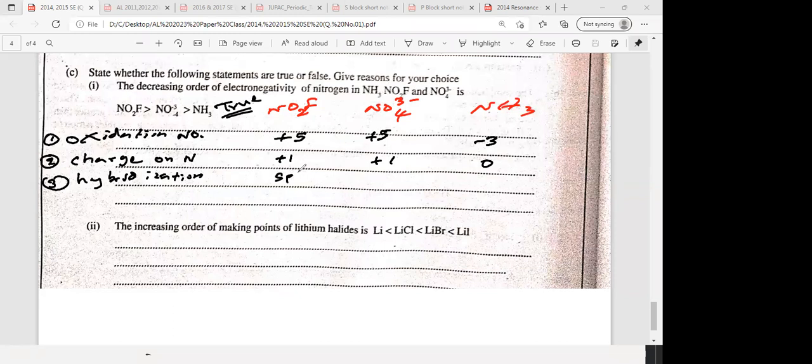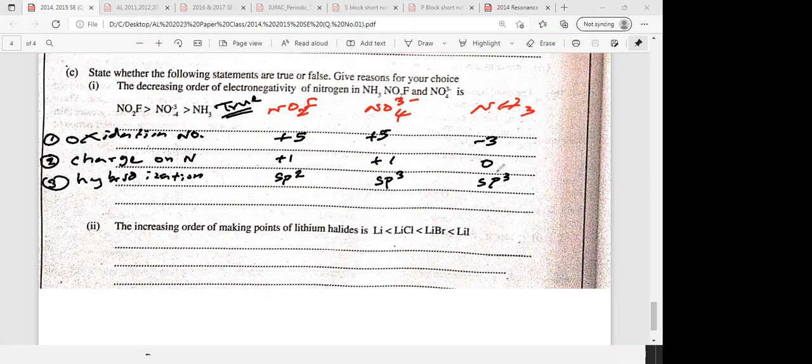You have to draw the Lewis structure to decide this. If you want, I'll draw this structure also. It's a simple molecule. This is sp2. This is sp3. Which one has higher S character? sp2, no? For sp3, the S character will be 25%, and for sp2 it's 33.33. Now you can easily guess it.